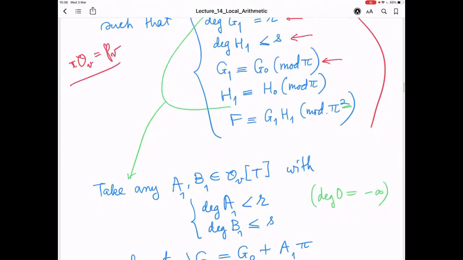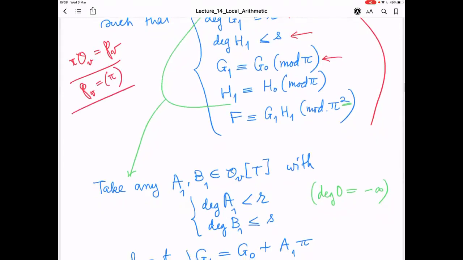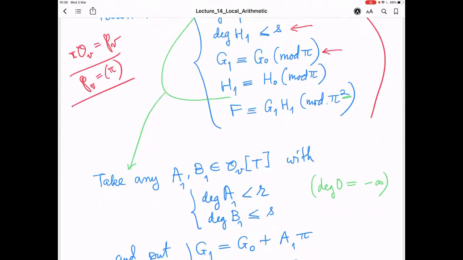Some people prefer writing this as that PV is the ideal generated by pi. I've been writing mod PV. That's the same as writing mod pi, of course, right? These are the same. So I want G1 to be congruent to G0 modulo pi and H1 to be congruent to H0 modulo pi.